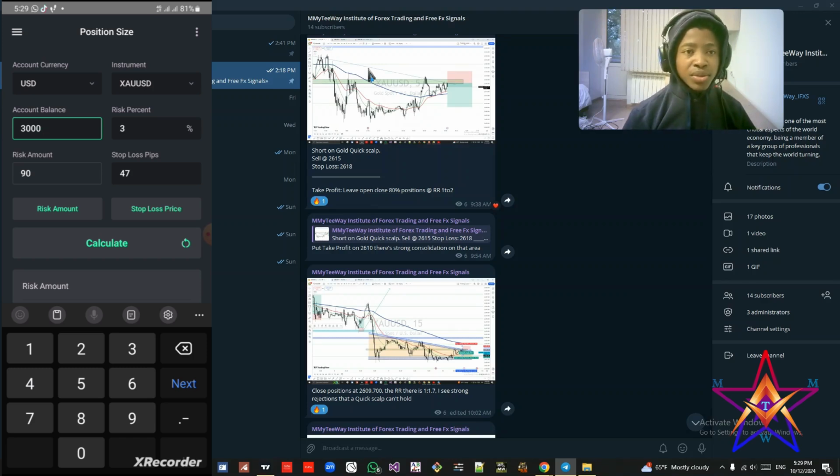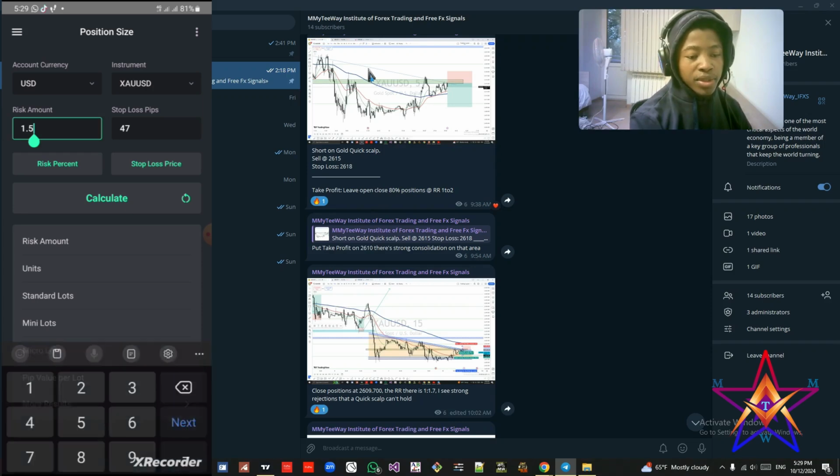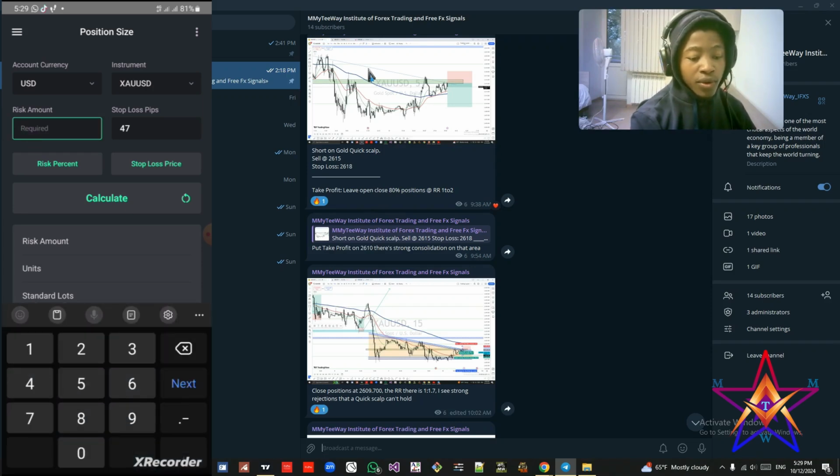You should just use a stop loss of $4, right? It must be constant. So let's say I have 50 bucks. I say stop loss. That's the advantage of this calculator. I can type in risk amount, right? Risk amount, I'll just say $4.